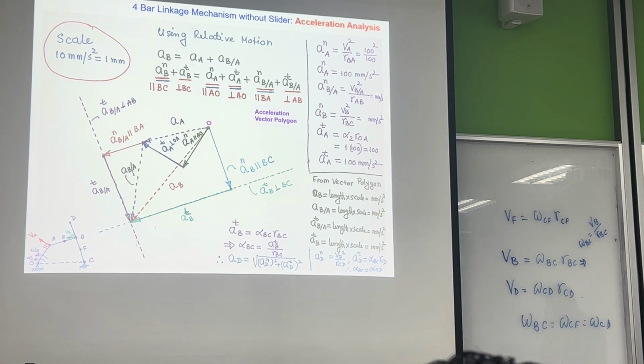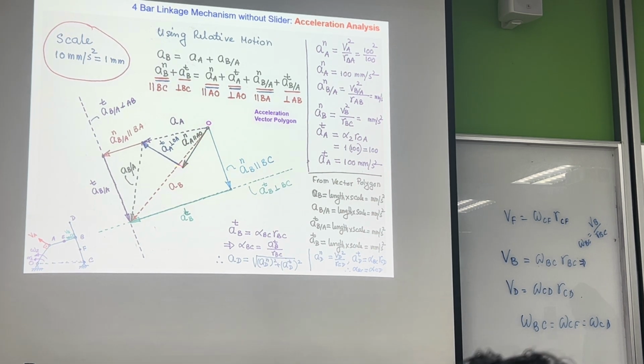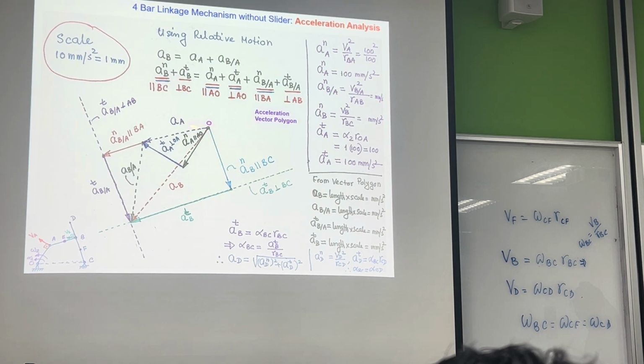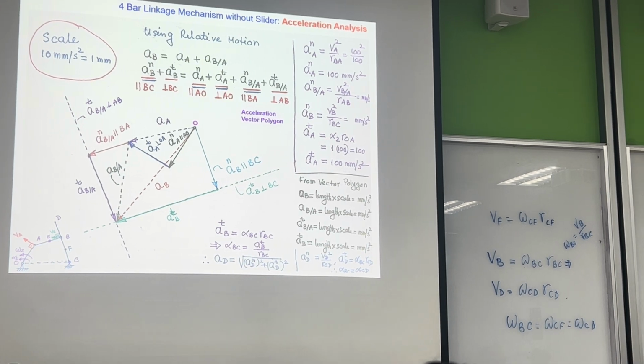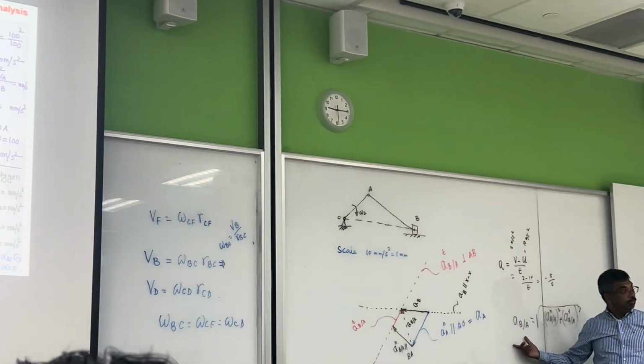And now have a look, young people. This is our AAN, and this is our AAT. If I draw from the origin of this normal component to the tangential component, diagonally, that is our absolute AA. Otherwise, young people, you have to use your beautiful math skill.